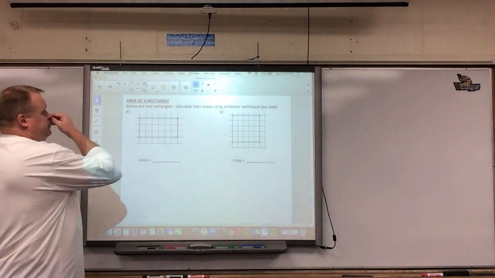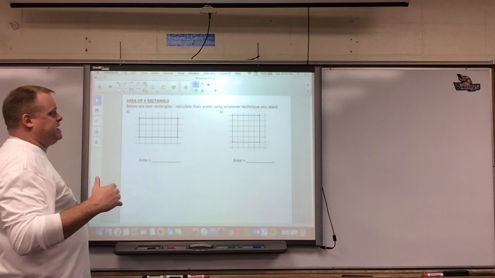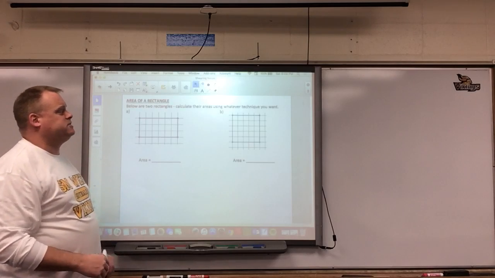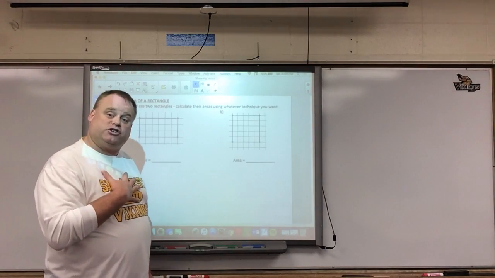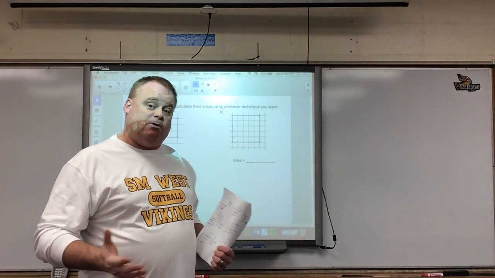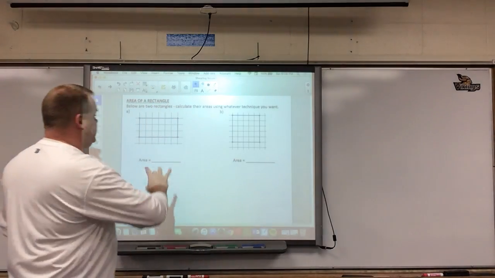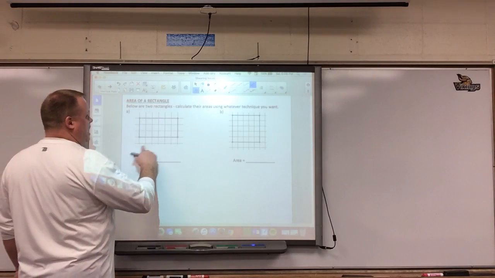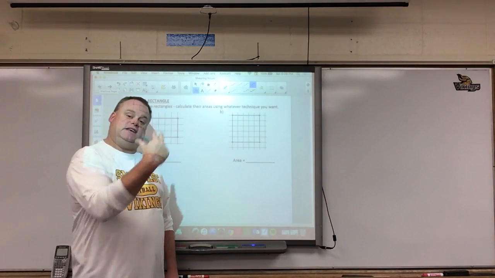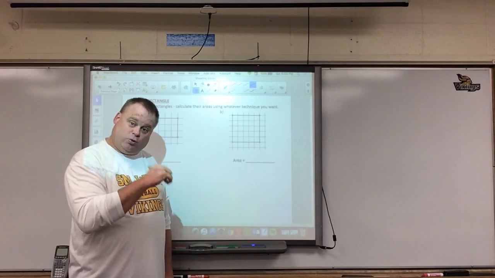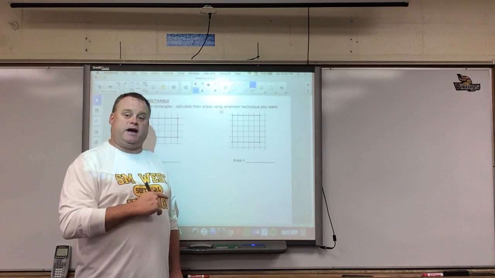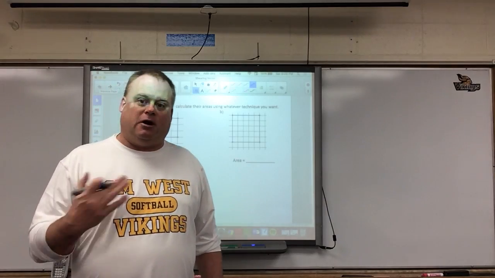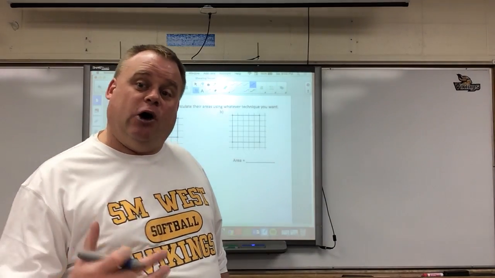We're going to start with two rectangles. We want to calculate their areas using whatever technique you want. I'm going to start just by counting so you can see how easy it is to do. We have two nice rectangles. When I look at this, I'm going to count, and you're going to see me label these because it's going to help. I could do this without it, but hopefully this is going to help you.